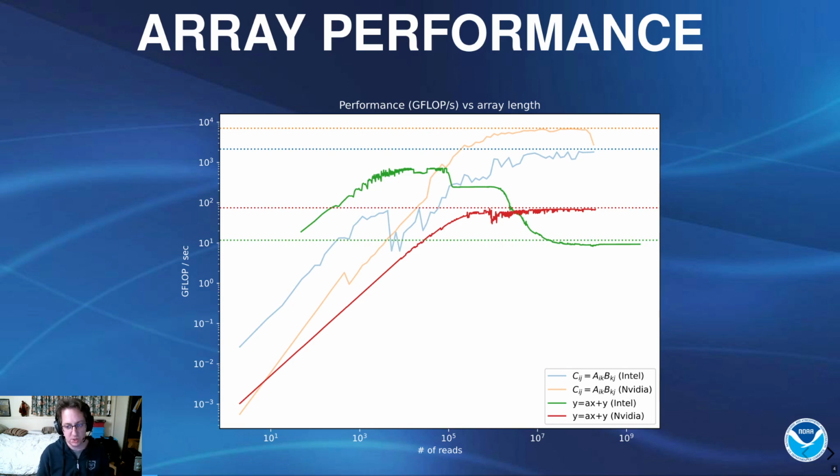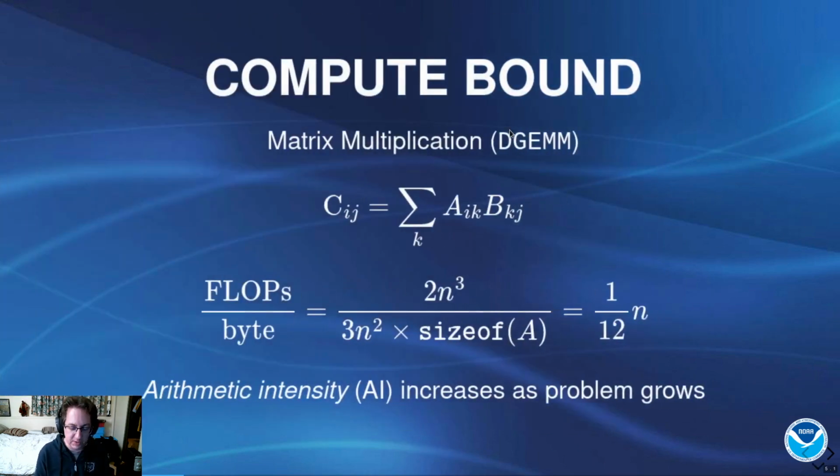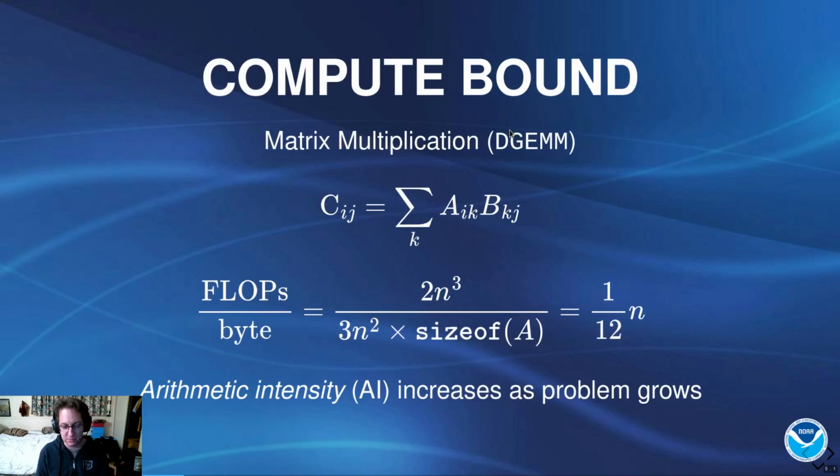The GPUs show a pretty different trend, where the smaller arrays have rather poor performance, but once we get up to about a million, they start to approach some sort of peak value, and then at about 10 million or so elements, there's a real transition. So can we understand those trends? Yes, pretty easily.